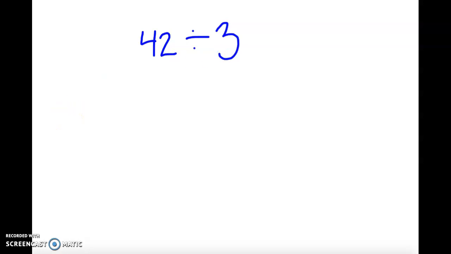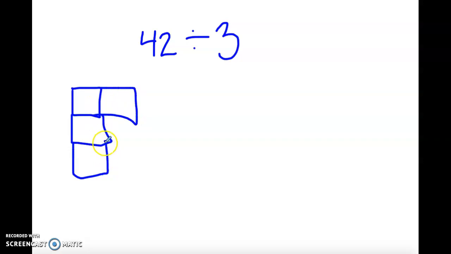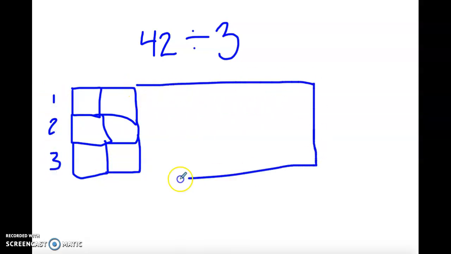If I were you, I would use those squares in your pattern shapes app and find out how many would fit in each of these rows if I'm dividing it into 1, 2, 3 rows. How many would have to be in each row?